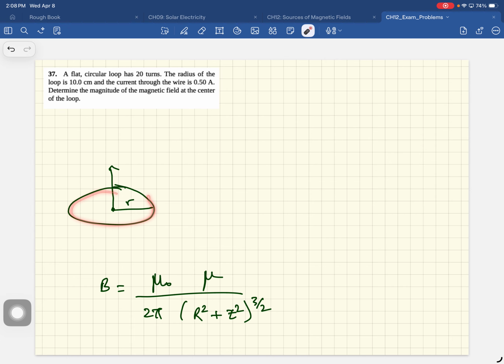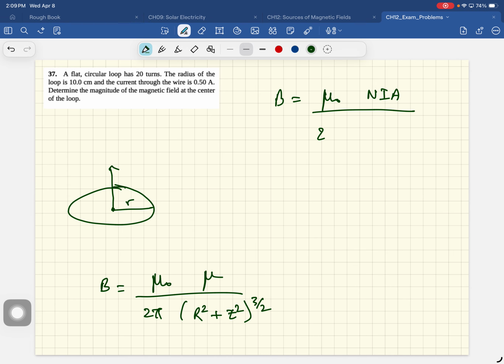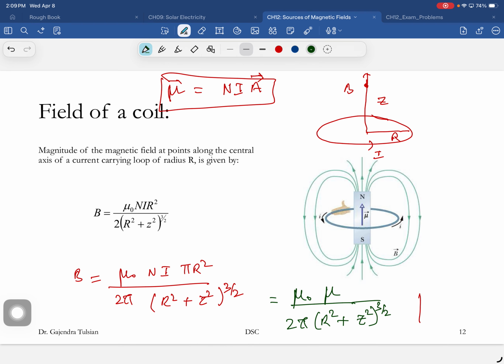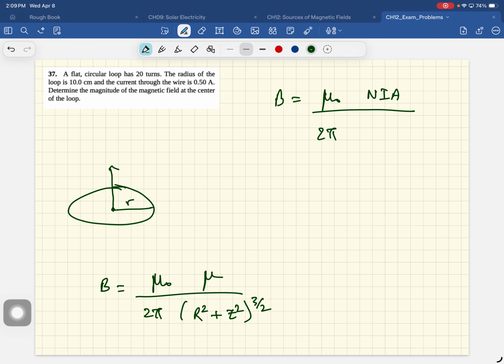So at this point B1 is in this direction, and B2 is also a field in that direction. So they are producing a field in the same direction. When the currents are parallel, the fields add up, and if the currents were in the opposite direction, the fields would cancel.